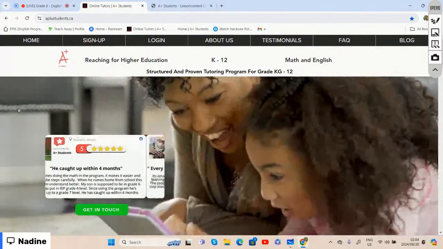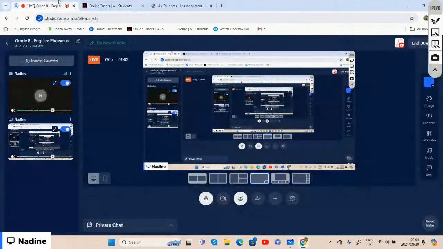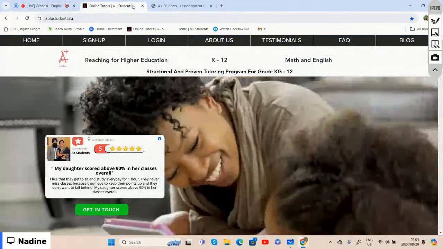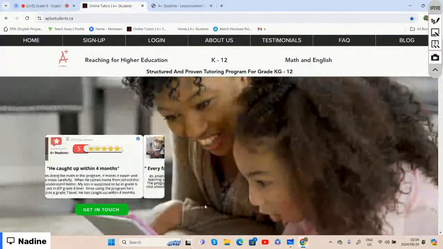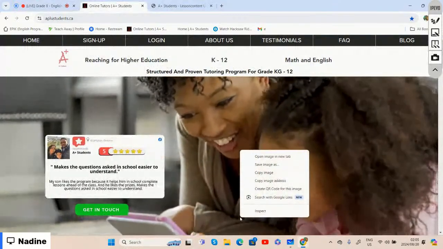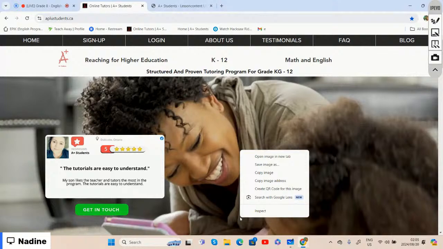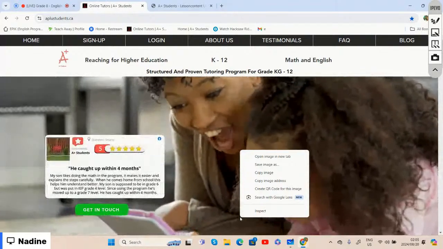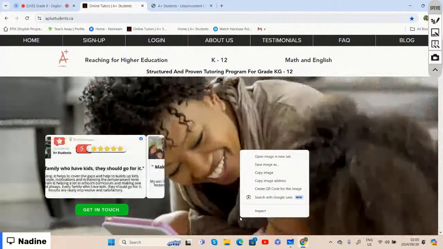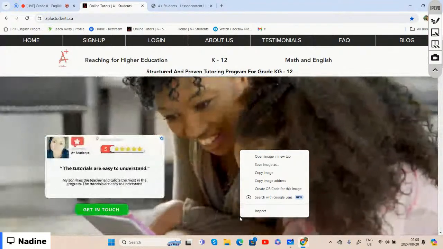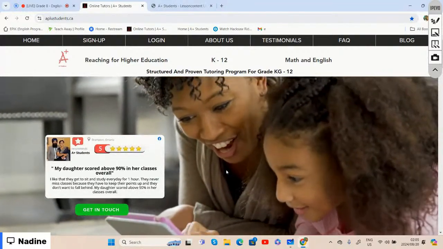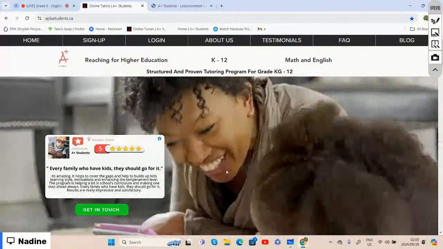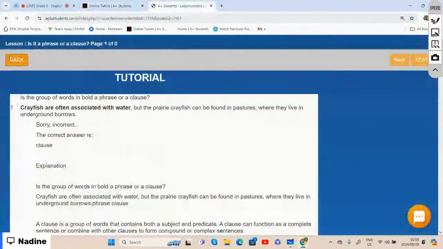Once you've logged on with our username as well as our password, we're going to select the subject of English Language Arts, grade 8, and then scroll down until we get to the chapter of phrases and clauses.